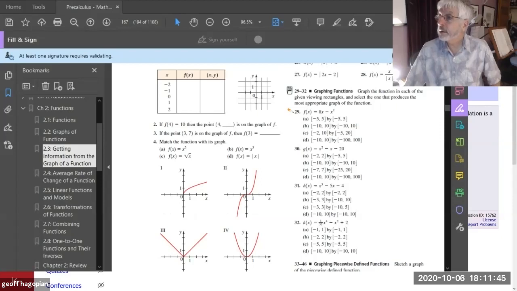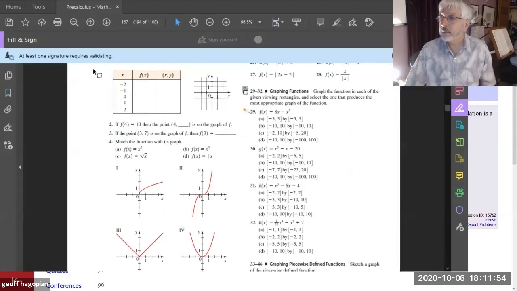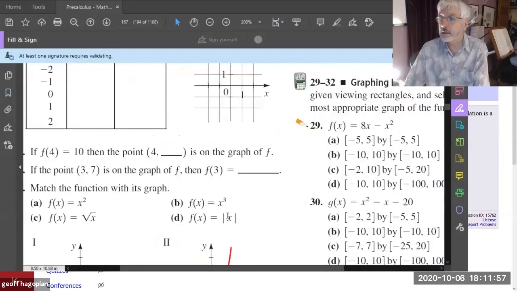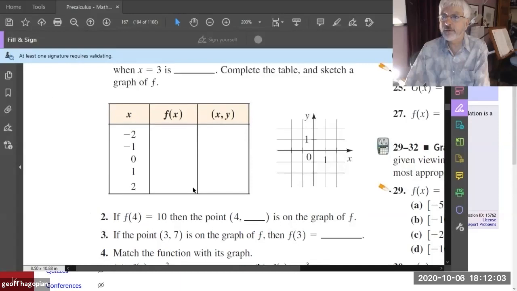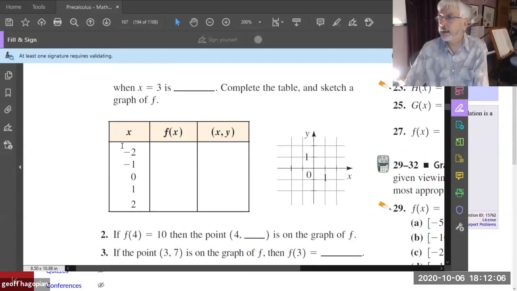When you make a table of values, you have a column for the inputs. So here you see the inputs. Can we close this out so we can maybe make this larger? Because as it is, it's too small. Okay. So if you have a function, oftentimes we make a table of values. You have a column for the input and a column for the output. And usually we don't have a separate column for the XY pairs, because you've already got them here.